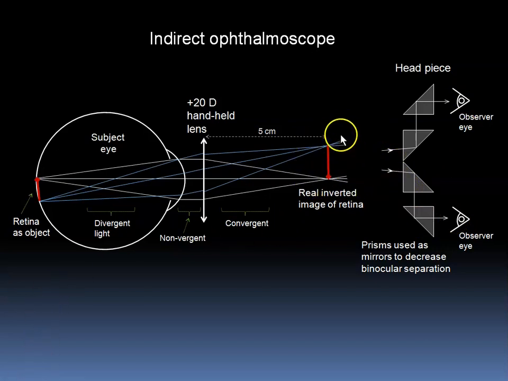The image is located fairly close to the headpiece, so that accommodation could be a problem in certain age groups. As a result, an additional 2-diopter lens is placed inside the headpiece to allow easier viewing of the divergent light coming off the real inverted image.